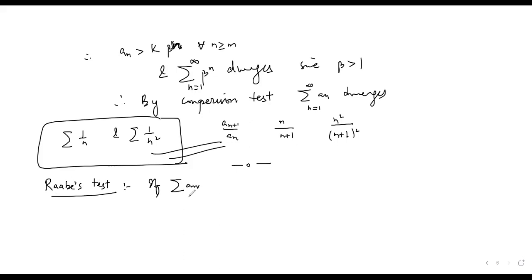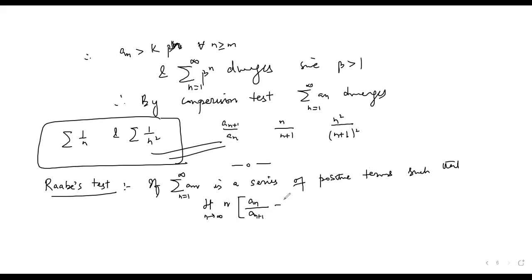If summation a_n, n runs from 1 to infinity, is a series of positive terms, the idea is again the same, such that if we have this limit, limit n approaches infinity of n times (a_n divided by a_{n+1} minus 1).